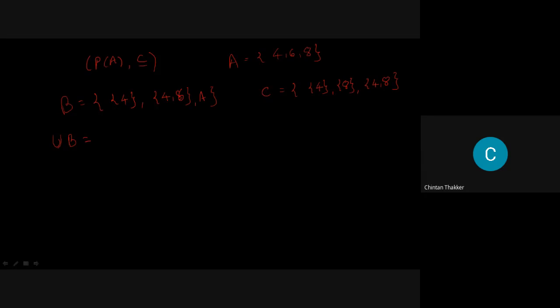Yes, A only, because singleton 4 is a subset of A, the two-element set 4, 6 is a subset of A, and A itself is a subset of A. So here the upper bound is only one element, capital A itself. So LUB is A, since we have only one upper bound, it is A itself, the least upper bound.